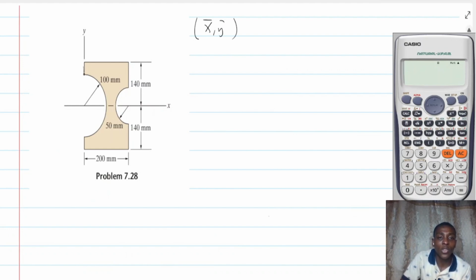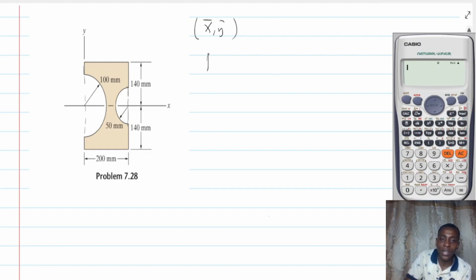We can assume that this whole figure is actually a rectangle, which we have taken two semicircles out of. That is the best way to look at this. The whole of this figure is a rectangle, and I have taken two portions of semicircles out of it.